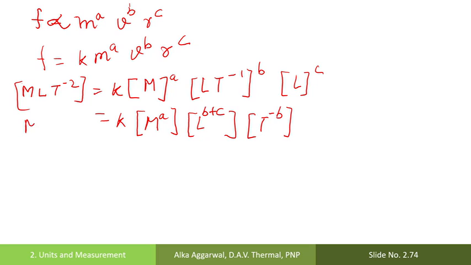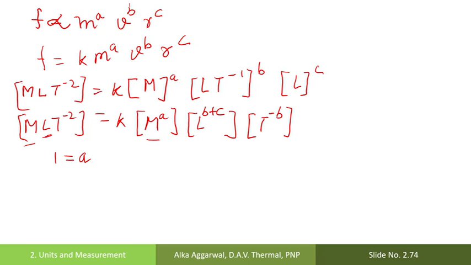Now the next step is to equate the powers of mass, length and time on left hand side and right hand side. Power of mass on left hand side is 1. Power of mass on right hand side is a.